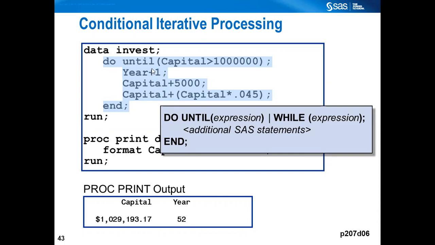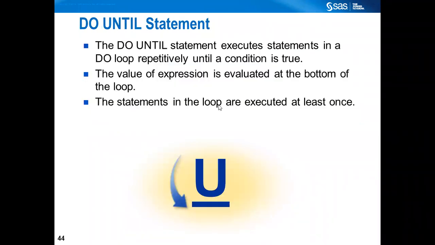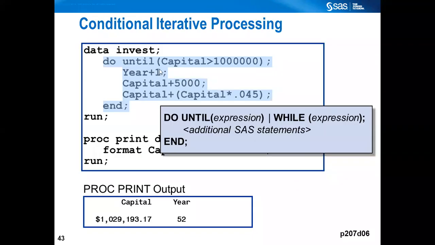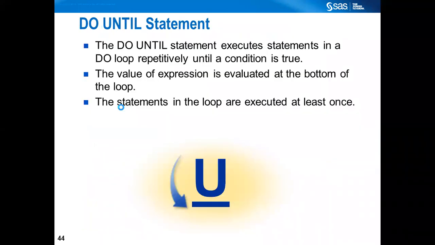Every statement is executed at least once, because it checks the condition at the bottom of the loop. That's what it was telling here: the statements in the loop are executed at least once, and the value of the expression is evaluated at the bottom of the loop. That is why every statement will get executed at least once, because it evaluates this condition at the end of the loop. All right, so this is with DO UNTIL.